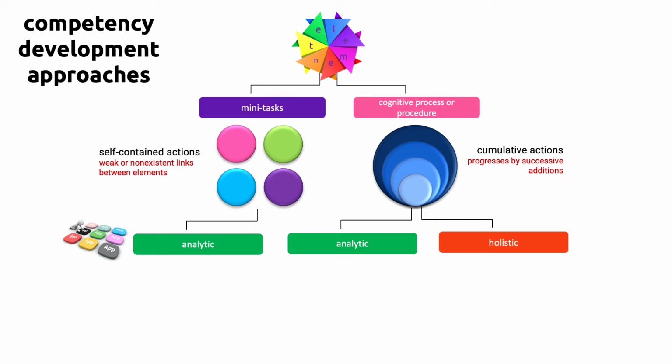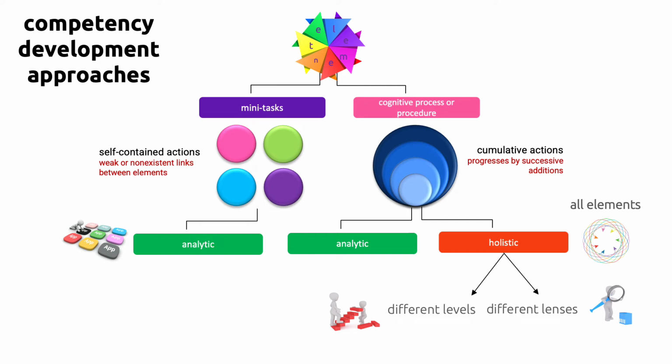In a holistic approach, the competency is developed as a whole in different situations, either at different levels or by adopting different lenses, or even both. Let's take a look at some examples.